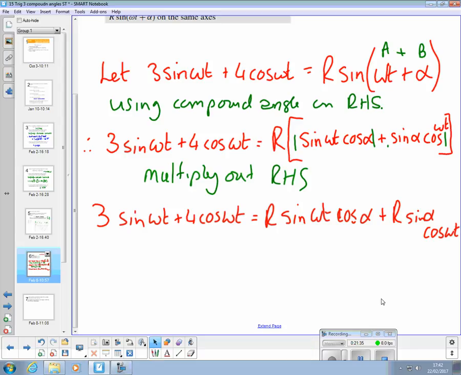Brackets. We multiplied each part inside the brackets by R.